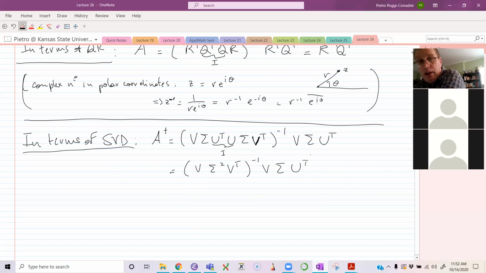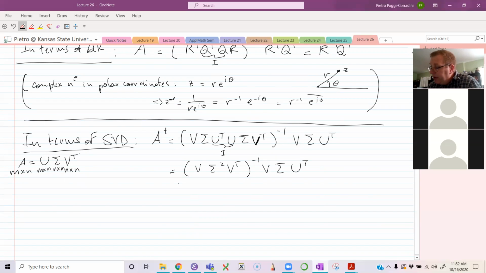Now, let me assume here that I'm writing A as U sigma V transpose, where this is n by n. This is n by n. And so V is an orthogonal matrix, a fully orthogonal matrix.